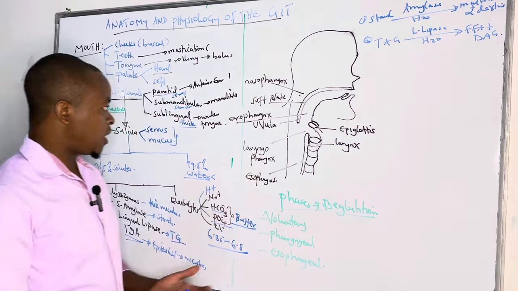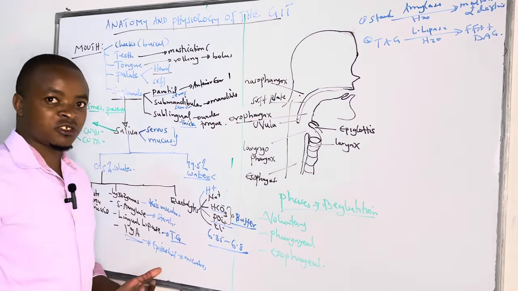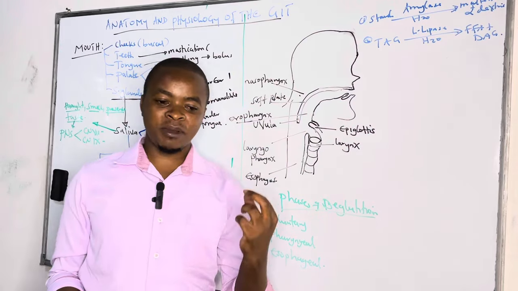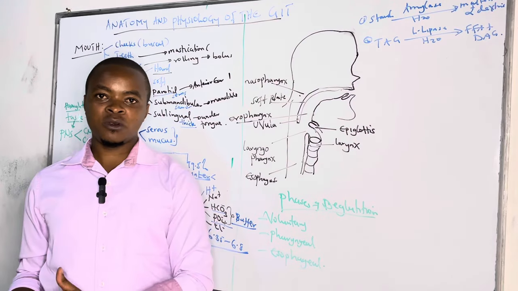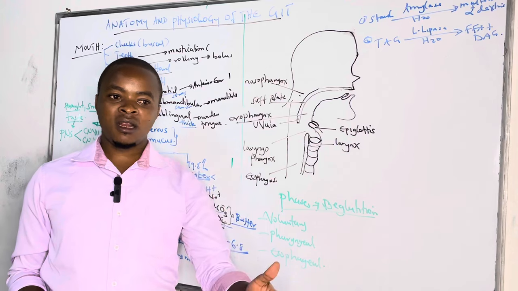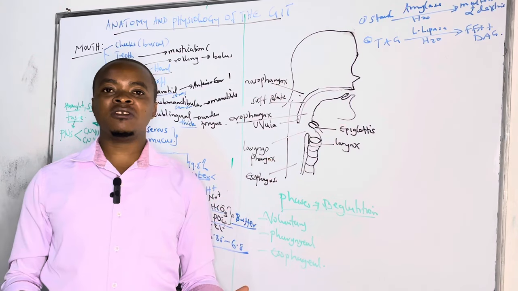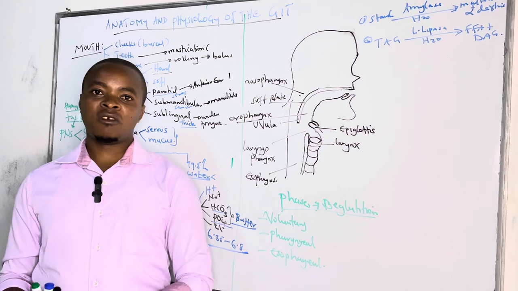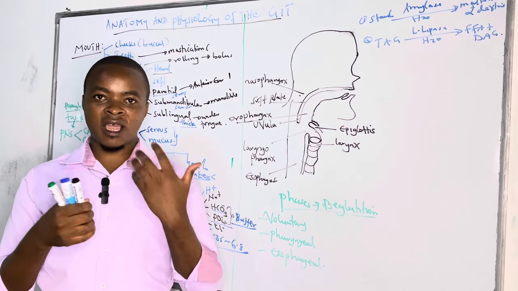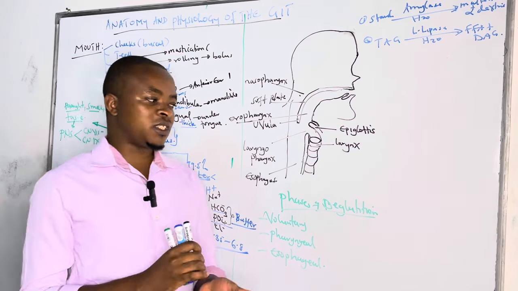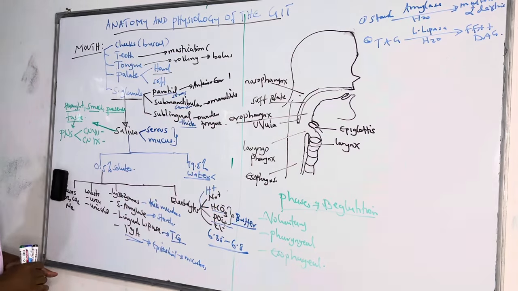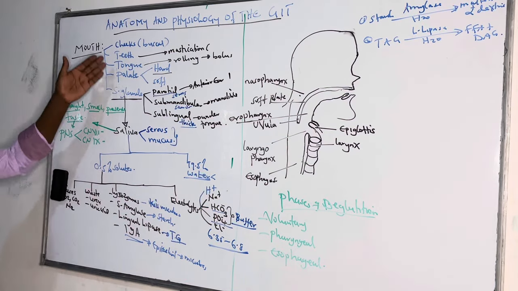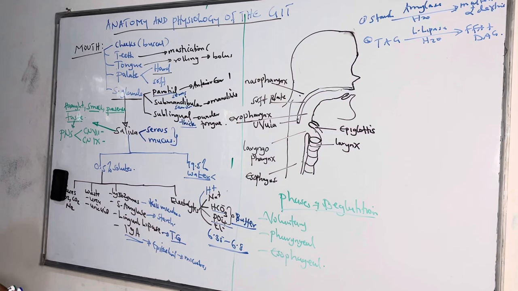There is also hypersalivation and hyposalivation. Hyper leads to excessive production of saliva. Hypo means reduced production, whereby someone's mouth is always dry, and we need to give them medication to make sure they get this saliva. So this is the anatomy and physiology of the mouth.